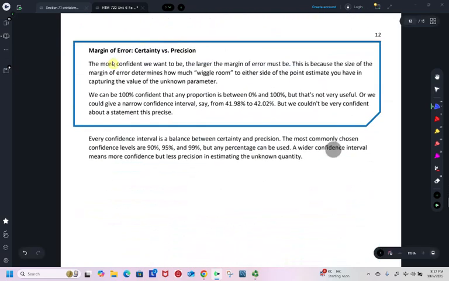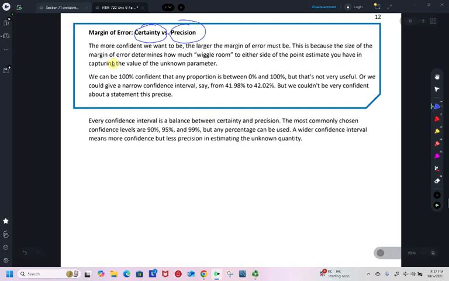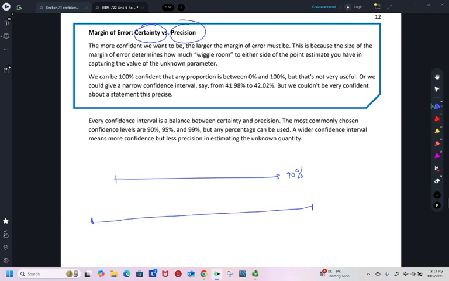Another important discussion is certainty versus precision when considering confidence intervals. If I were to pick a 90% confidence interval, or construct a 95% confidence interval, or even a 99% confidence interval, the wider the interval is, the more certain we are.